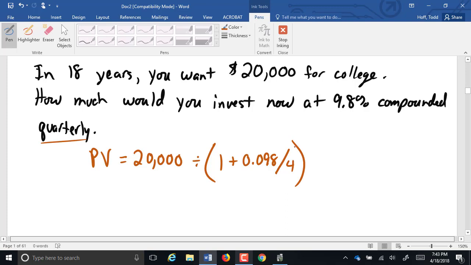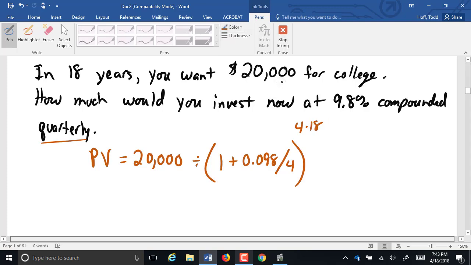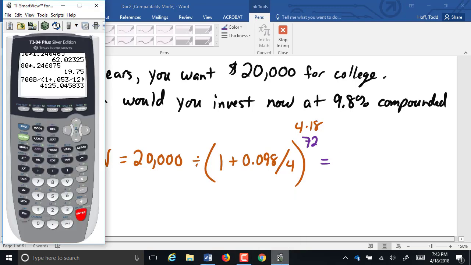To the power of 4 times our 18 years, which is what? 72, right? So let's divide this out. 20,000 divided by, parentheses, 1 plus 0.098 divided by 4, close parentheses, power of 72. $3,500.81.